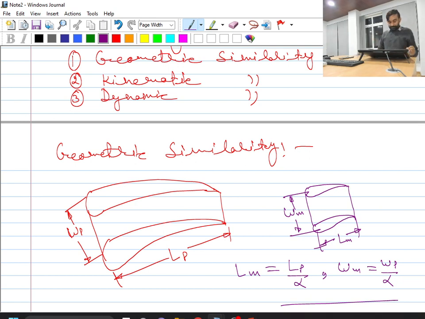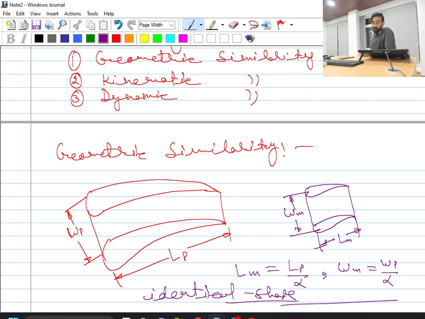Other than this, there should be identical shape. Shape also should be identical, because if you scale all the dimensions with reference to a common parameter, then ultimately your shape also will be the same.